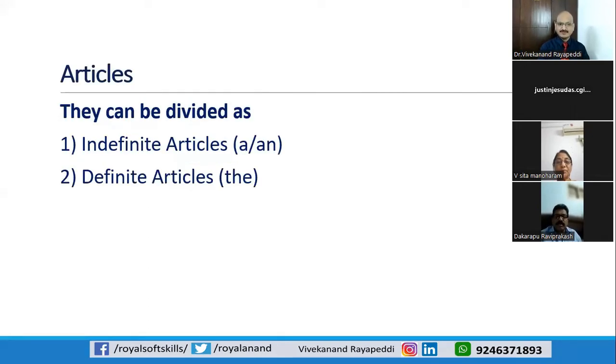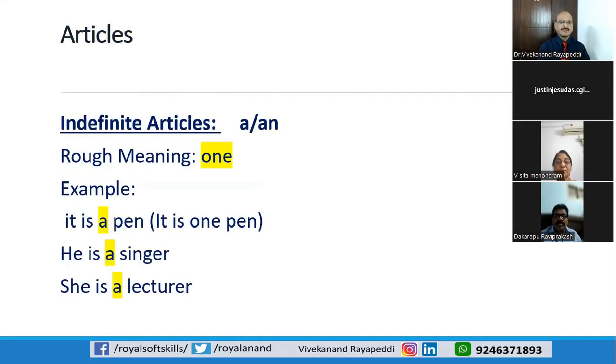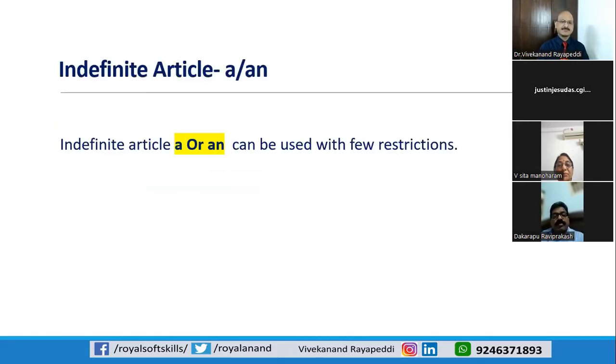The is called the definite article. Now, indefinite article, the rough meaning, as I told you already, it means one. It's a pen. It is one pen. He is a singer. He is one singer. She is a lecturer. It means she is one lecturer. So this is a main feature we need to first be clear about.